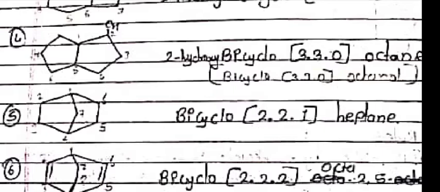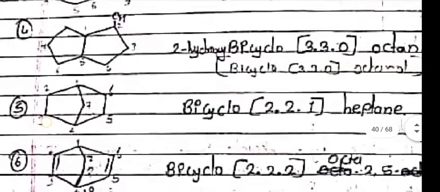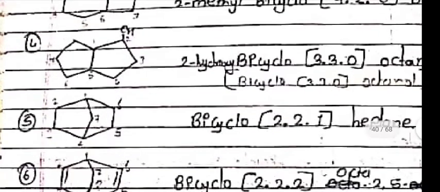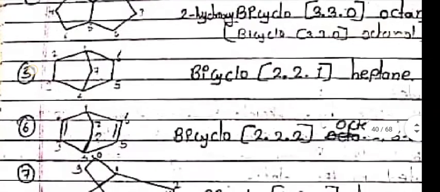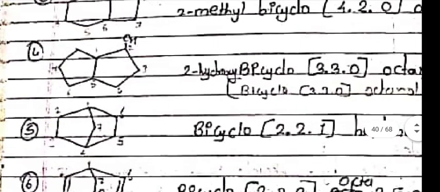So bicyclo 3 3 0. The total number of carbon atoms is 8, so octane is the parent alkane. Substituents are there, and the numbering is given in such a way that the substituents get the minimum possible numbers. Next is another bicyclo compound. In such a way we can give the numbering to the compounds.